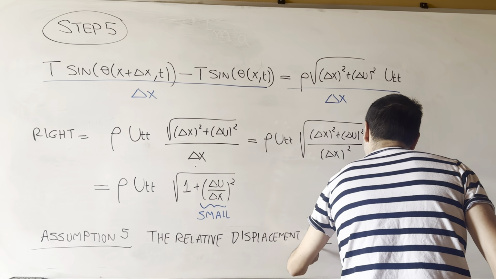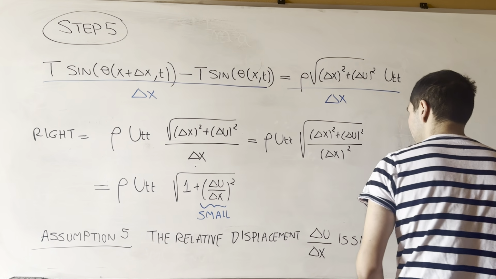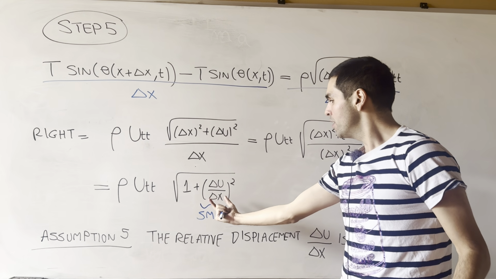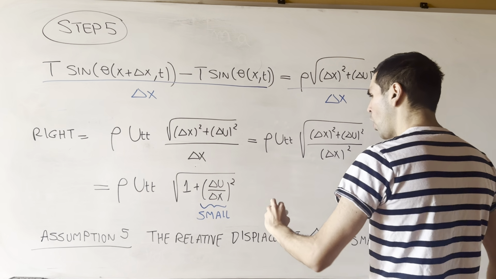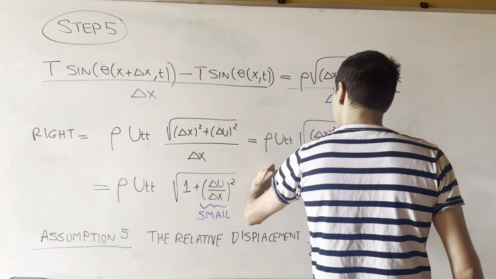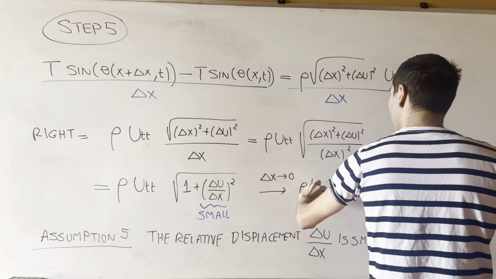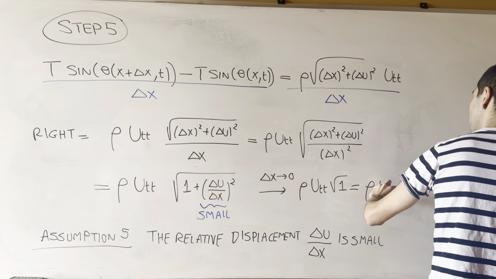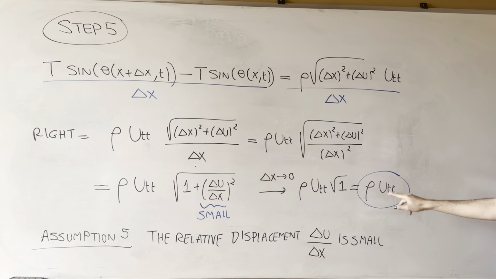Delta u over delta x is small. And I will draw a picture of this in a second, but in particular, since this is small, it's much smaller than 1. So if delta x goes to 0, this whole thing will go to rho u_tt square root of 1, which is rho u_tt, which is one part of the wave equation.